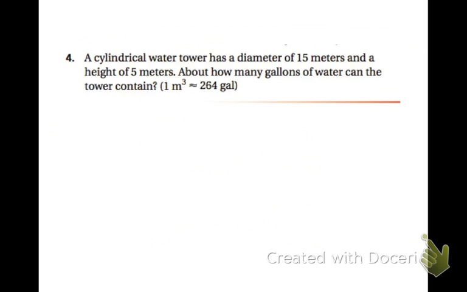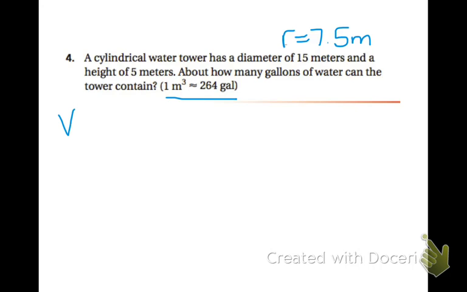So we'll give this a try. If we have a water tower with a diameter of 15 meters, right, that already tells us that the radius is 7.5 meters. And a height, about how many gallons can it hold or contain, and we have our conversion factor.